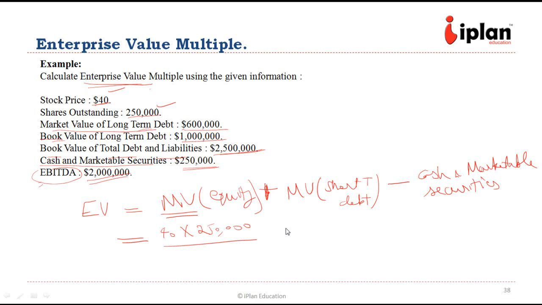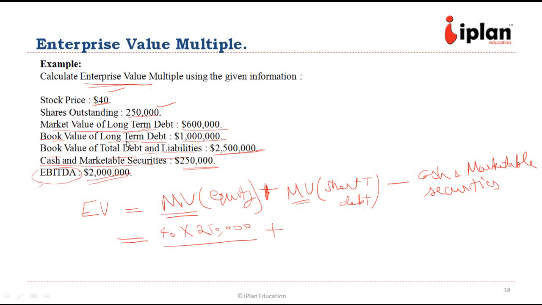The market value of short-term debt is not given. But as we know, for short-term debt, the market value and book value are not going to be different. So we can calculate the book value of short-term debt. Book value of total debt is given, 2.5 million. Book value of long-term debt is given.